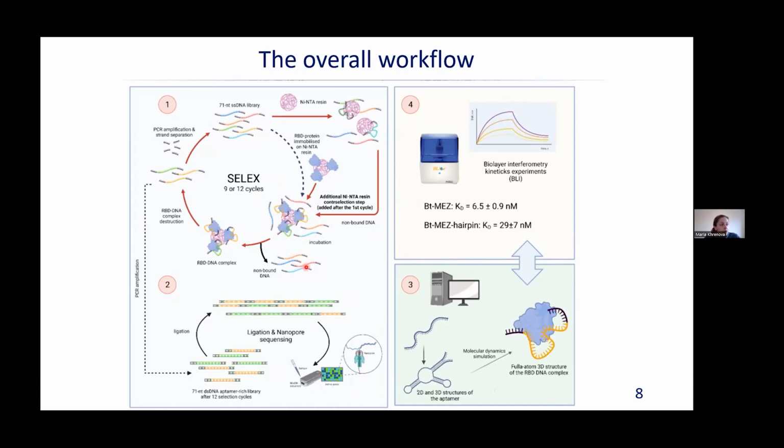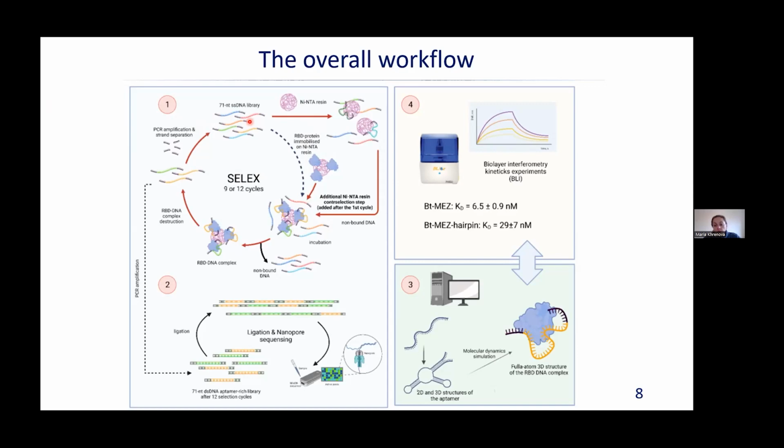Actually, the SELEX procedure, I think, is known to many, it's quite a popular technique nowadays. And shortly, it allows one to discriminate prospective compounds from large libraries. So what we did, we had a large library composed of single-strand DNA oligonucleotides of 71 bases length, and we put this mixture with the library into the sample containing our target protein.